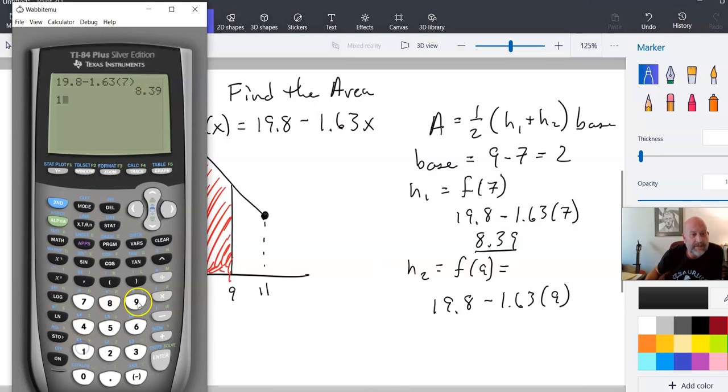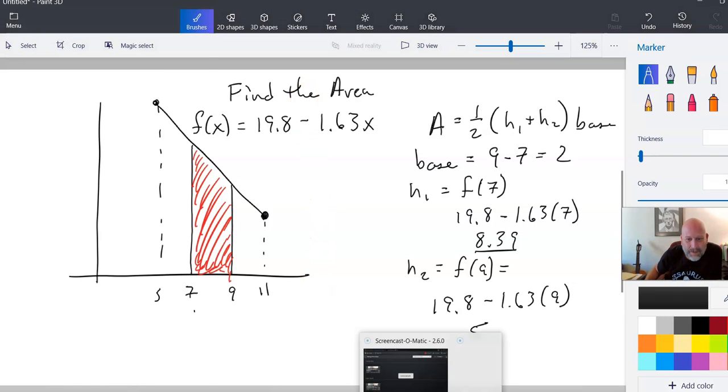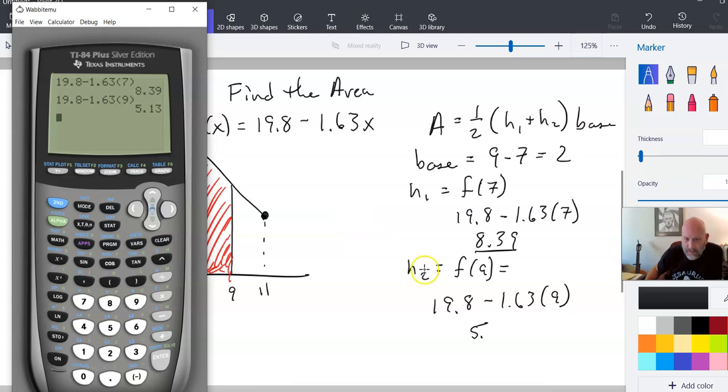So we have 19.8 minus 1.63 times 9. That ends up giving us 5.13.